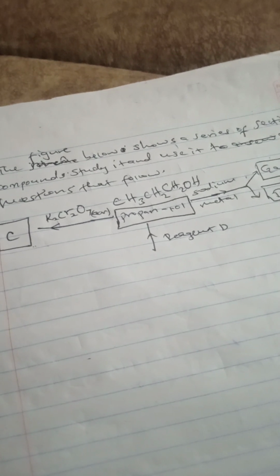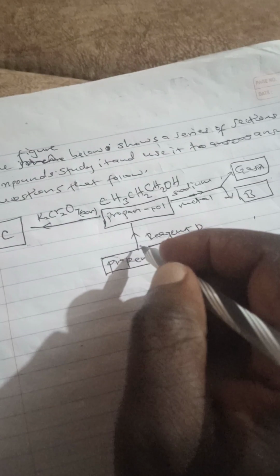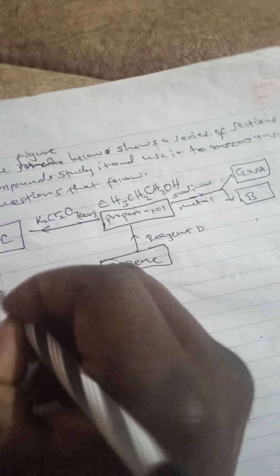So there is a reagent D here, and with this reagent D there is something known as propene, and after propene there is a polymer.